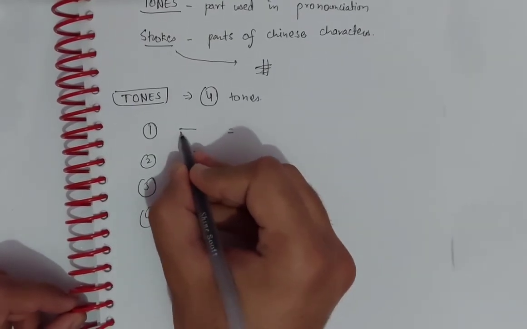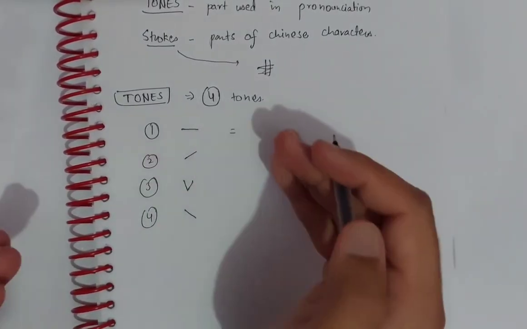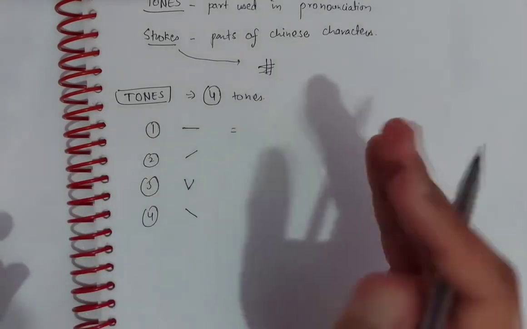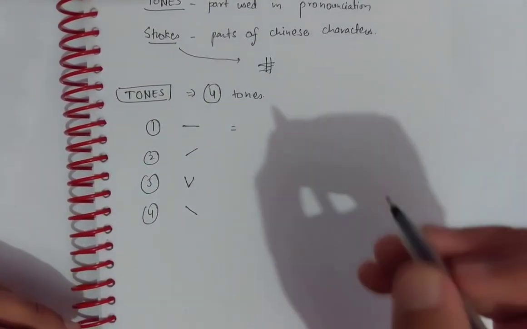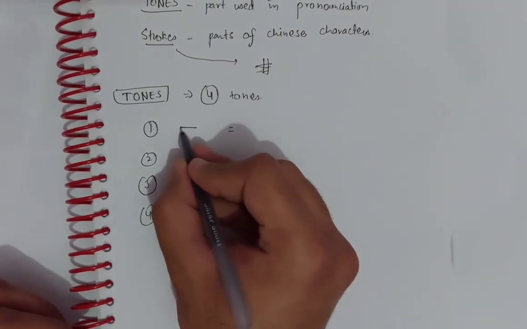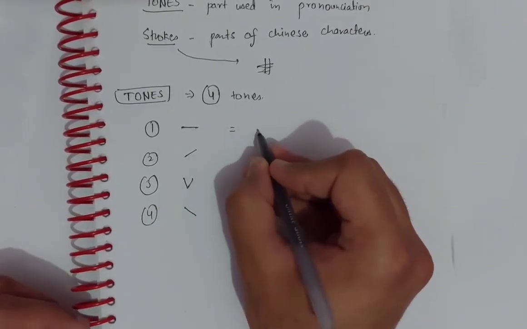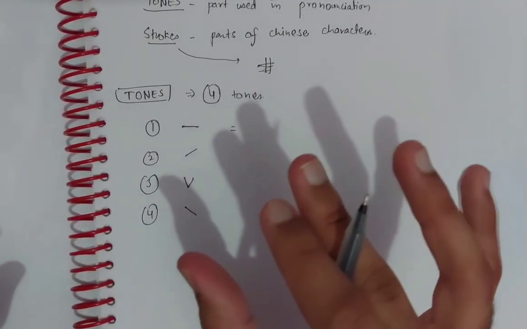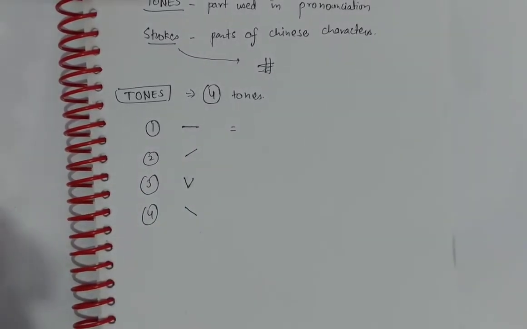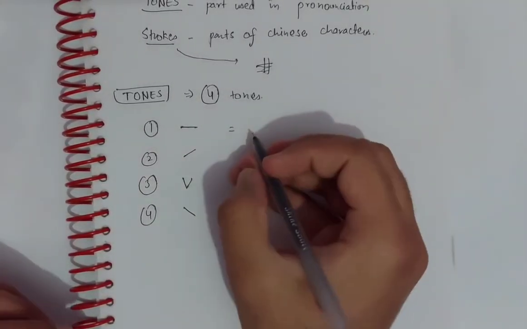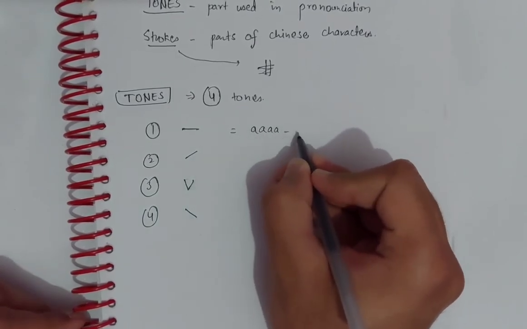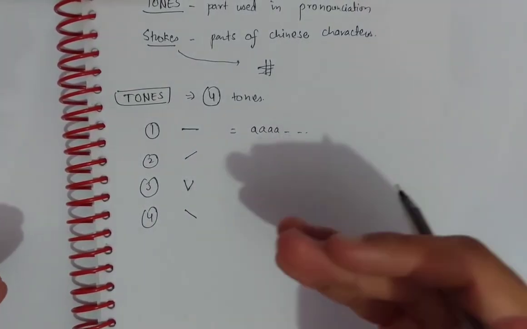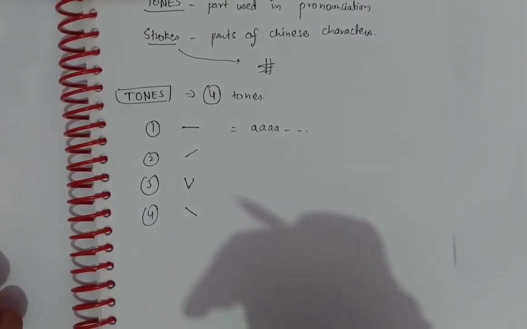How do we pronounce the straight left-to-right line over the finals? You should remember how to pronounce this. We pronounce this in a single vocal way, like when the doctor asks you to open your mouth and say ah.